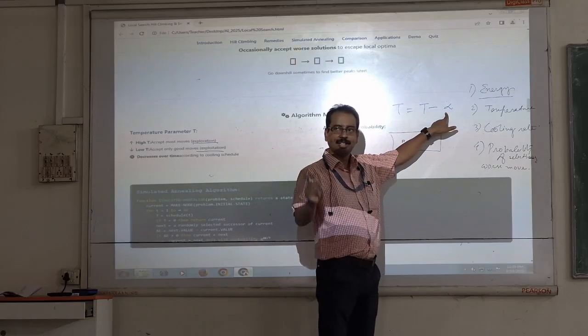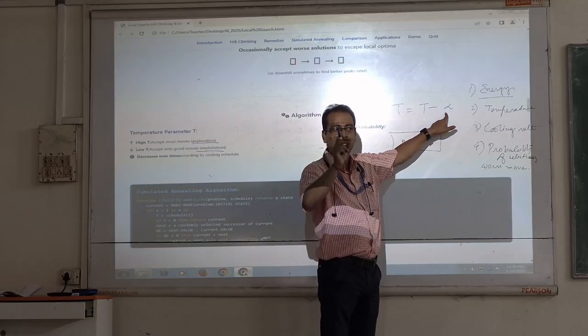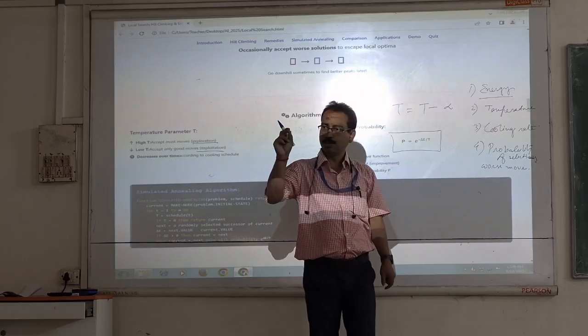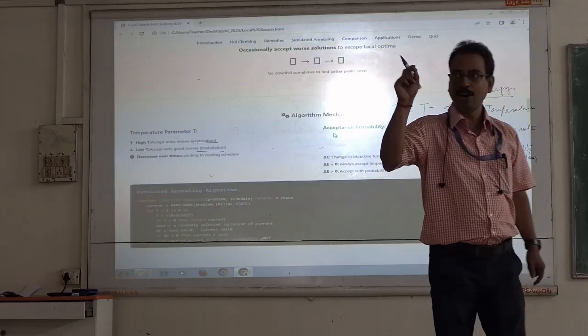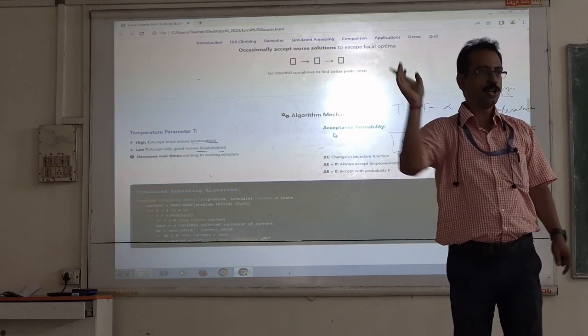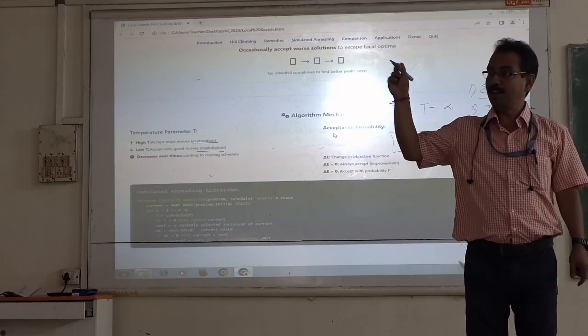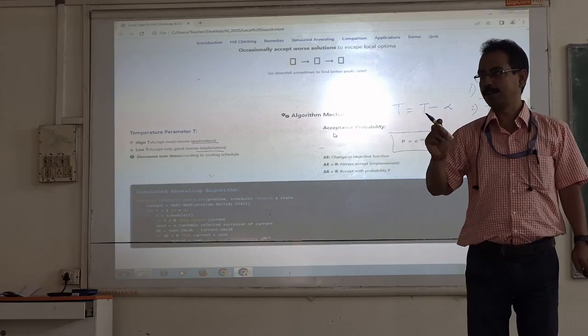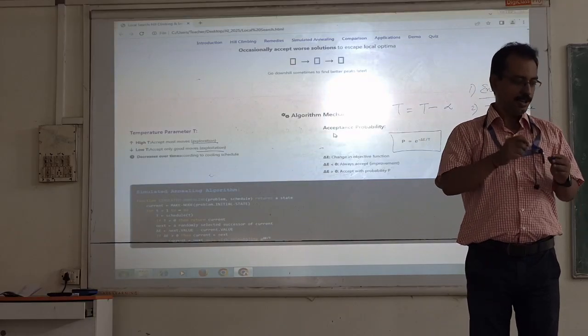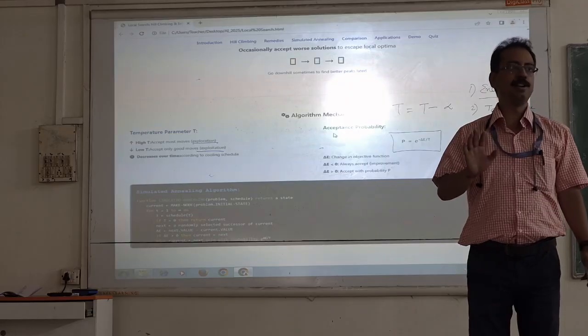Alpha means a very small value that it will decrease after each iteration. It may be 0.01, 0.02. If the value of alpha is very high, quick cooling. If the value of alpha is very low, slow cooling. So the decision of the alpha value is very important. Up to this, it is clear, or you have any doubt?